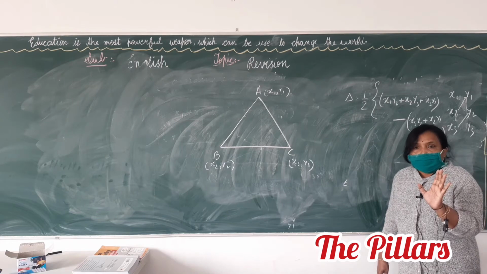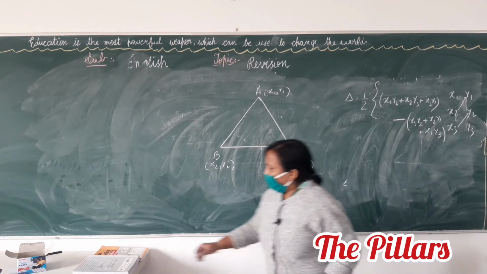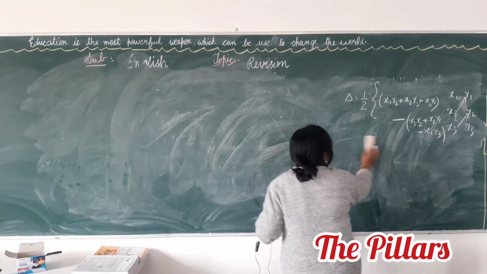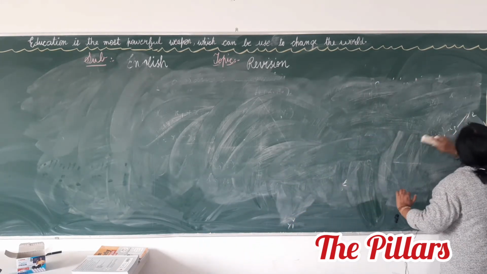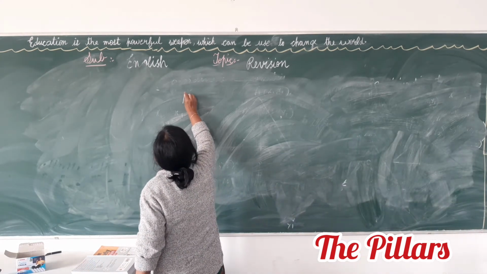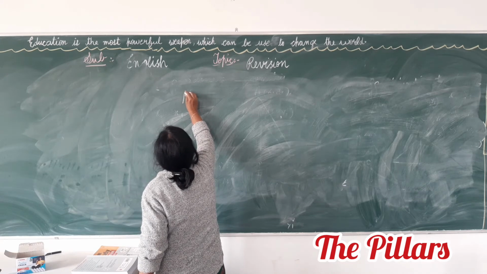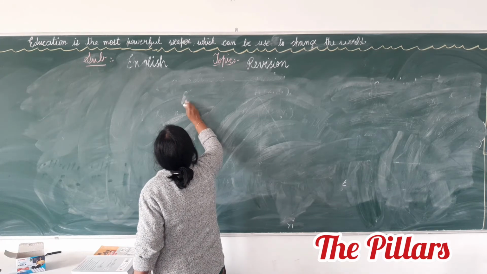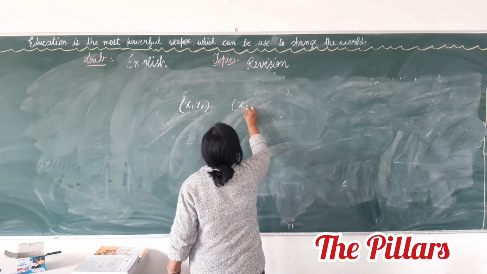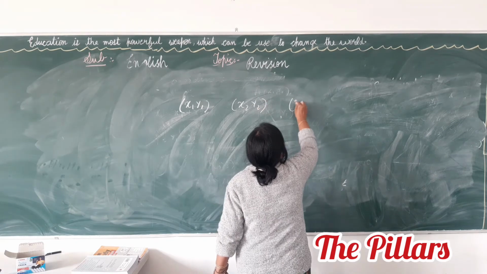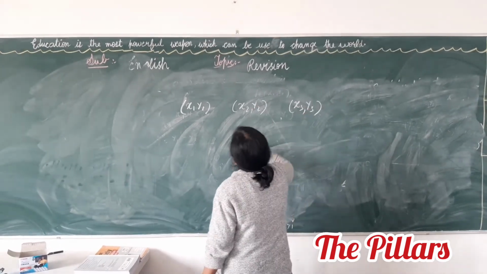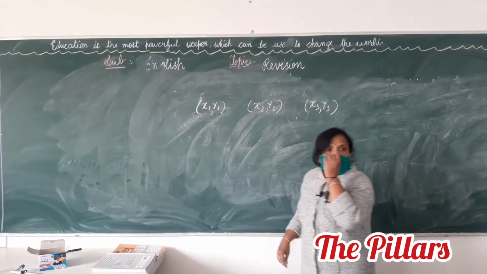Okay? Now, my question is, how to prove 3 points collinear?